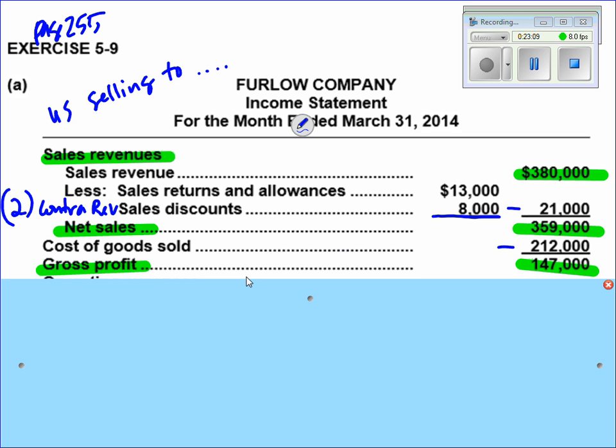Okay, are we done with the money in section? If we had more money in, like we sold a plant asset or we made money off some interest, would that go up here anyway? No, because those are the non-operating revenues and expenses. I'm going to be honest, there are none on this.